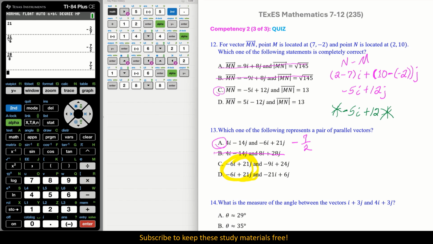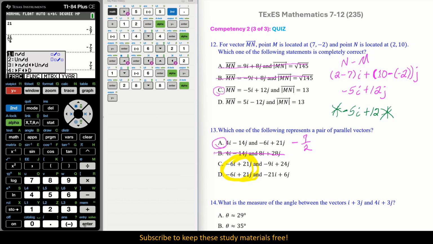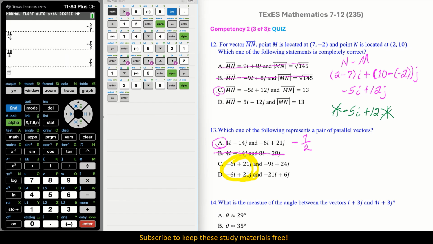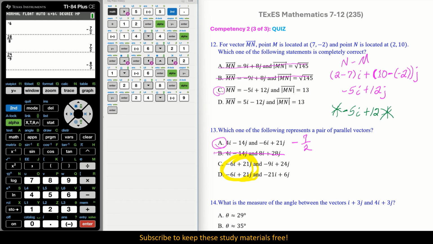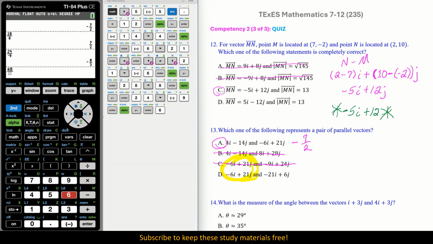Okay, so let's go alpha y equals number 1, and we're going to do C first, so that'll be 24, arrow down, -9, and no, that is not valid. Okay, the second one isn't the same, so that won't work. So let's go ahead and put in that slope for the second vector of D. So that is alpha y, number 1, and we have 6, arrow down, and -21.